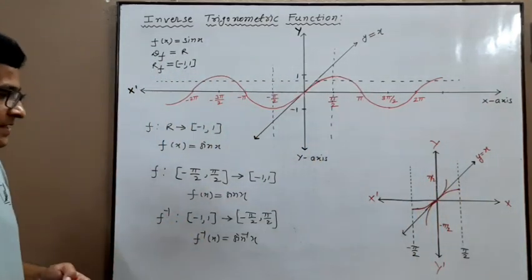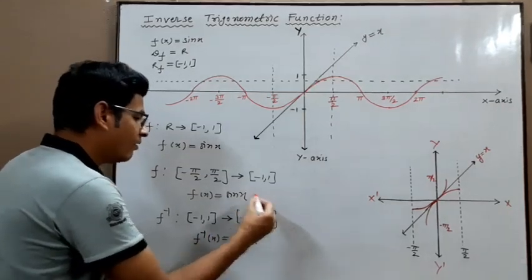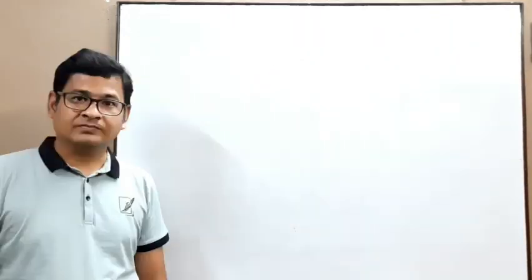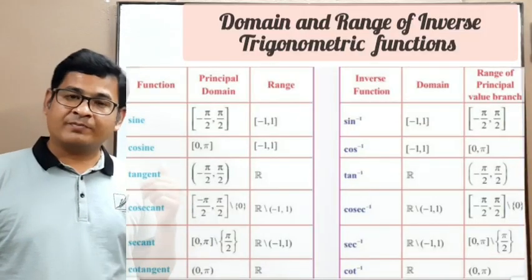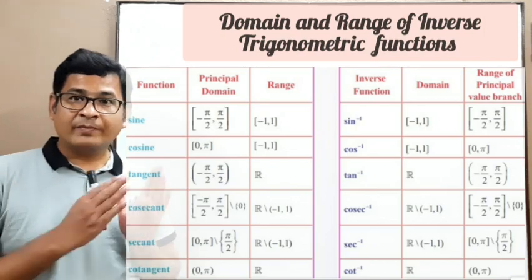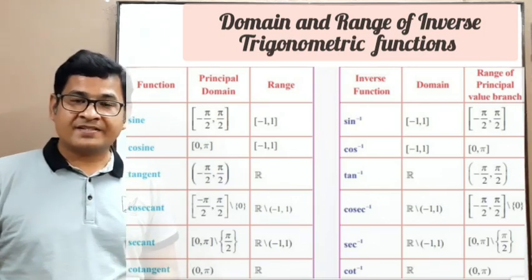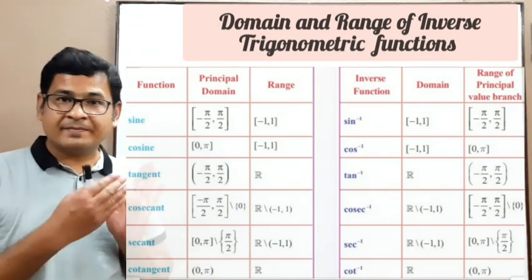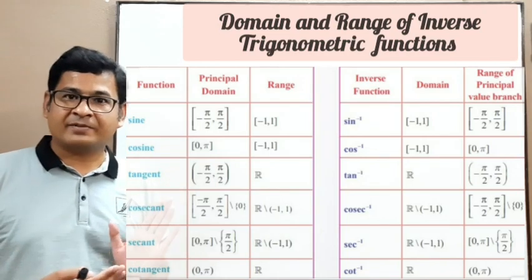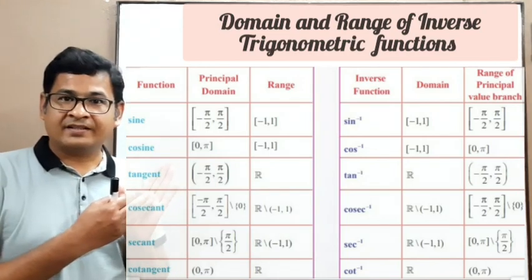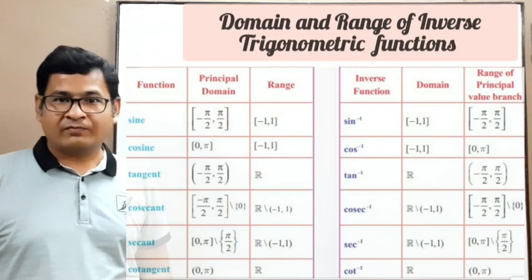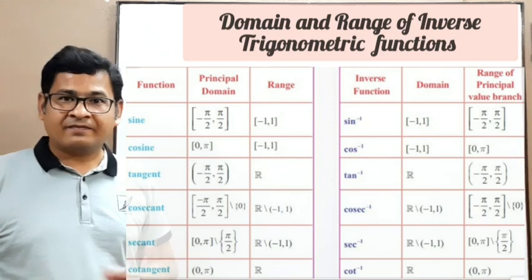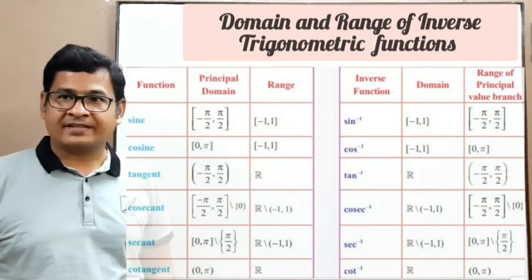Similarly, the domain and range, or we can say the principal value branch, of other trigonometric functions are according to the table. Clearly from the table, the domain of inverse trigonometric functions is the same as the range of trigonometric functions. The principal value branch or range for inverse trigonometric functions is: for sine, -π/2 to π/2; for cos, closed interval 0 to π; for tan, open interval -π/2 to π/2; and so on for the others.